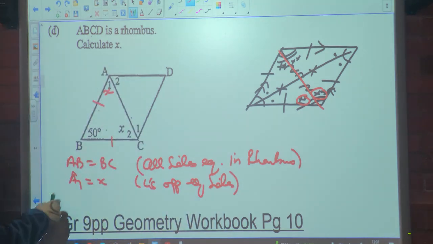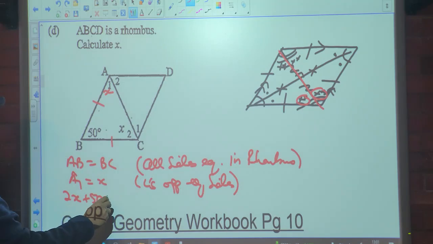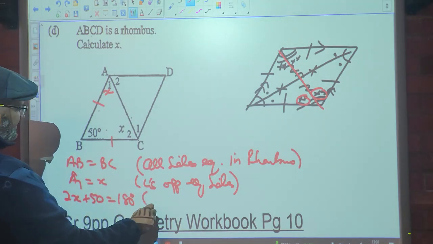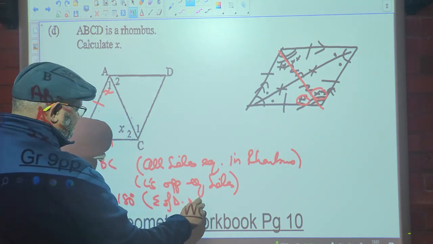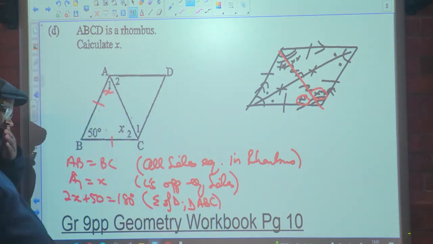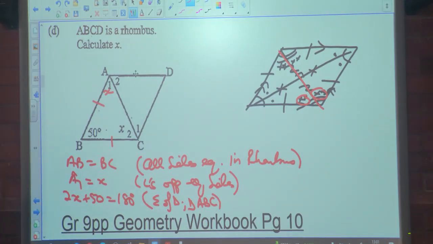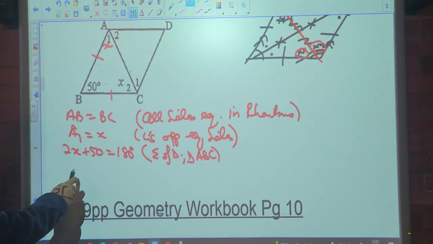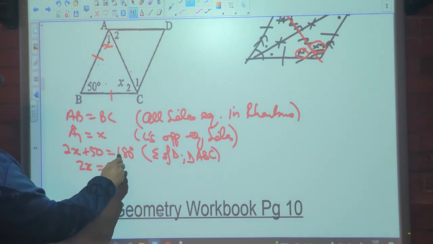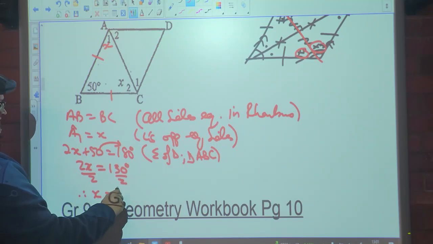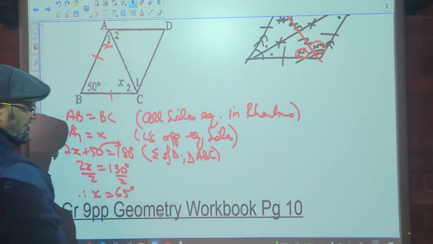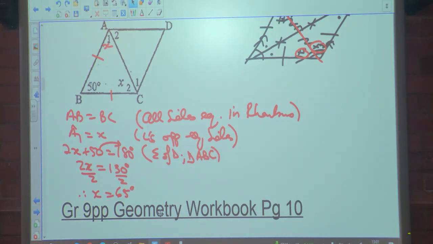Now what? x plus x plus 50 is 2x plus 50 equals 180. Why? Sum of triangles, this triangle ABC. Okay? So that now simply works out to be 2x is equal to 180 minus 50, which is 130. Not so? Divided by 2, therefore x is equal to 65. Okay?